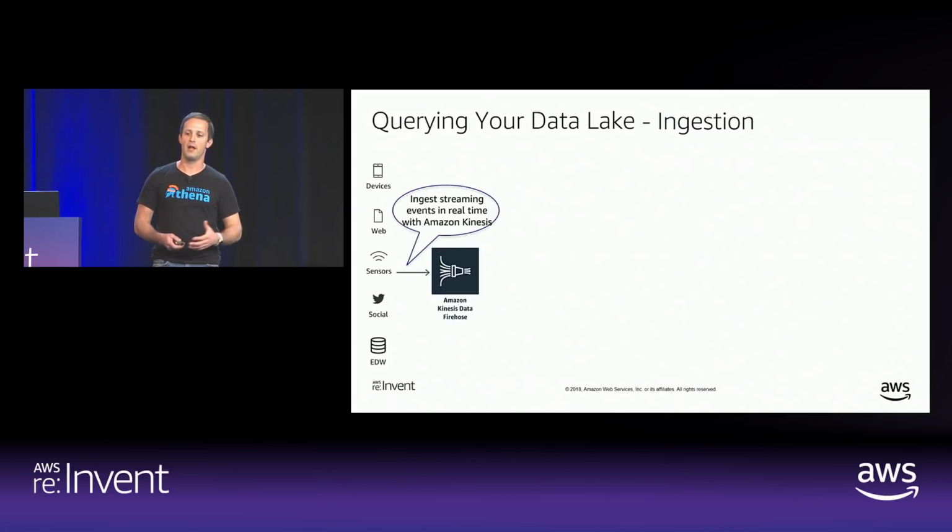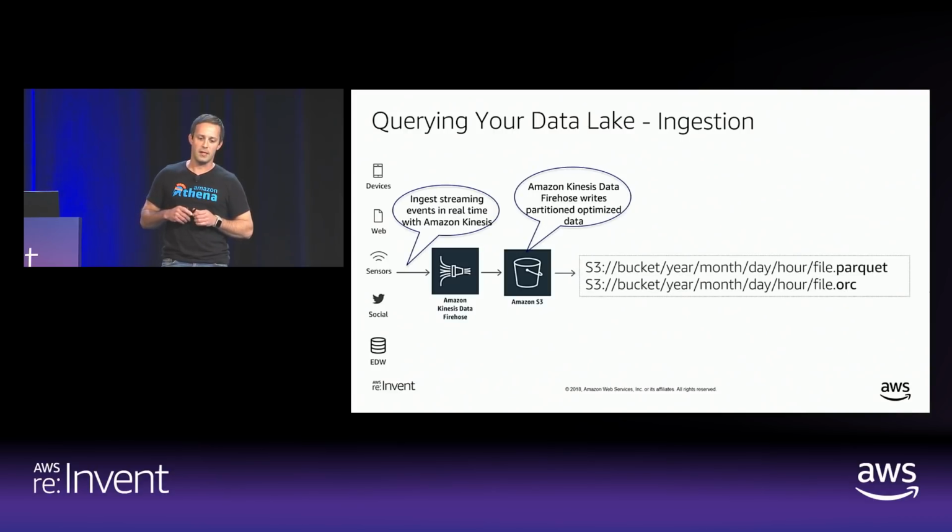That's more structured data, maybe bigger, larger type of operational data. But one example of taking that data in is using Amazon Kinesis Data Firehose. This particular example is about streaming data. How can we stream the data into our data lake and be able to process it very easily? And I'll show you in a minute another way to do this, but there's a number of different ways to get data into your data lake.